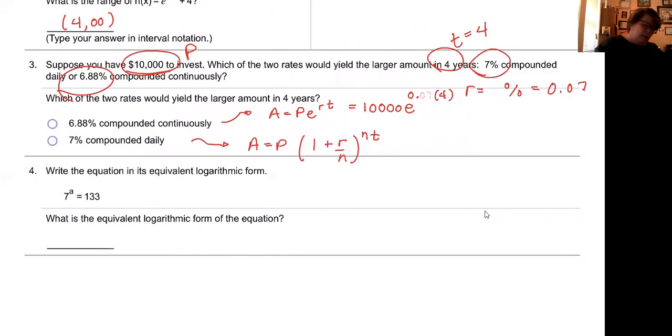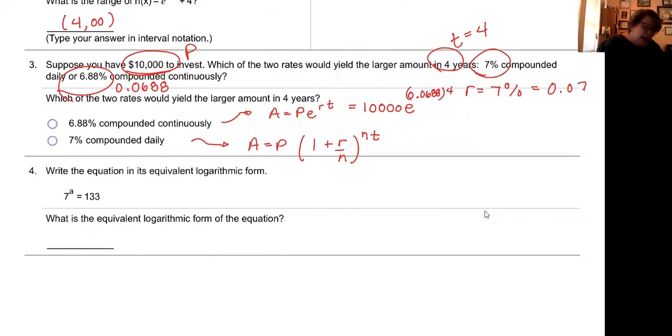So this is going to be, let's fix that mistake. So the 7% is for compounding daily, and the 6.88% is for compounding continuously. So that would be 0.0688. Let me make that substitution now. 0.0688 times 4.